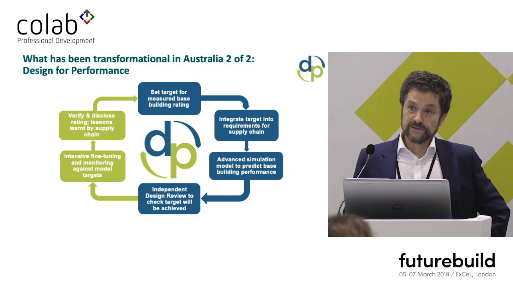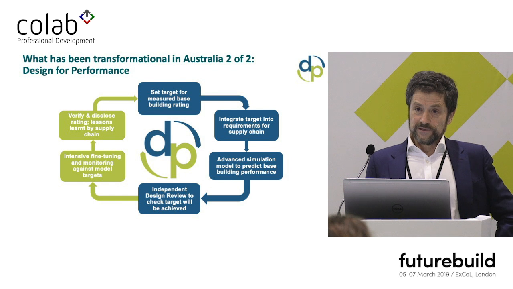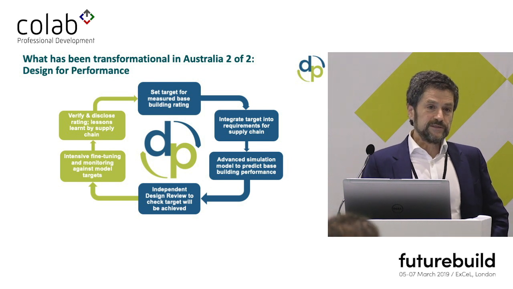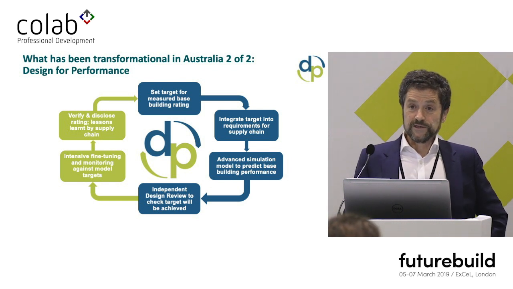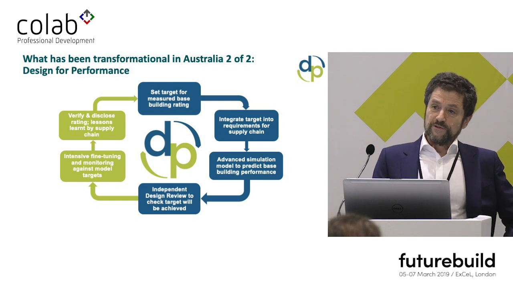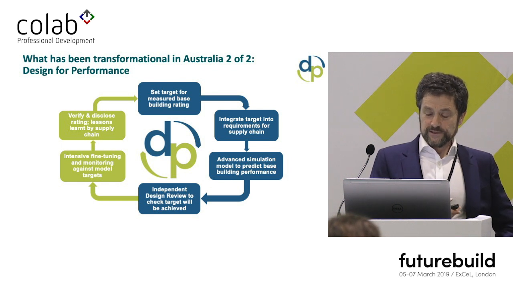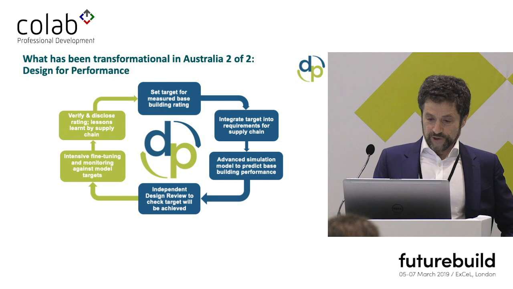Now, the reason that they did this is that the developers of new buildings needed to be in control of their performance once they were made available to the market, because they were then going to be competing with existing buildings that already had ratings. So they wanted to be sure that once their building was operating, they knew what rating it was going to have. They wanted to ask their designers to create a building with the right rating.